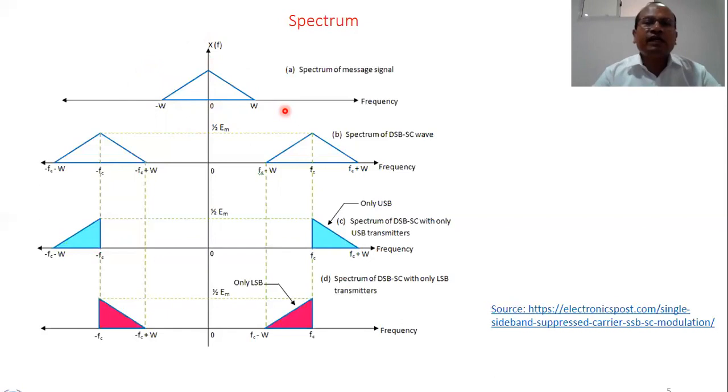Now when we go for DSB-SC, we are only transmitting both the sidebands and we are not transmitting the carrier. That is possible. DSB is possible in two different ways, DSB-FC and DSB-SC.